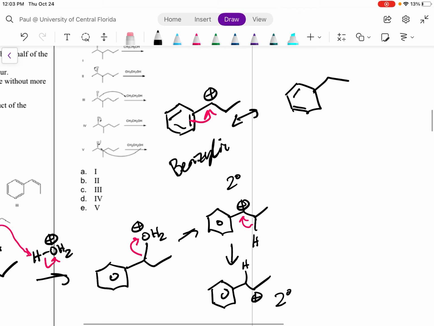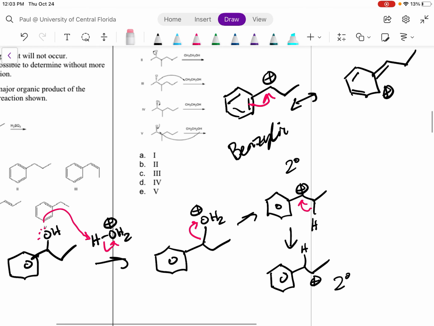So we could have a resonance structure like this, and so that's stabilizing that carbocation. So backtrack that guy. This guy right there is the most stable carbocation.